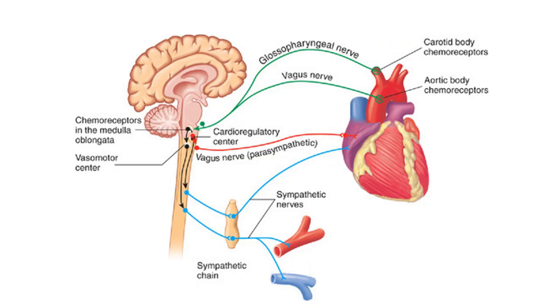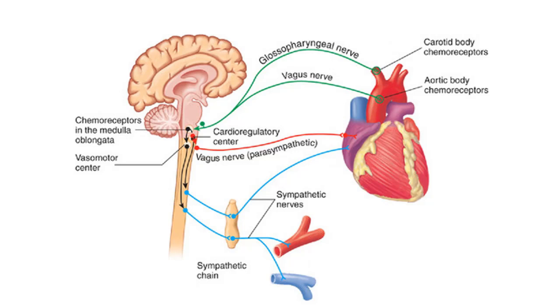The other receptors are chemoreceptors. Chemoreceptors are sensitive to reduction of oxygen and increase of CO2 and hydrogen ion. When blood flow decreases, the level of oxygen decreases too, and the level of CO2 and hydrogen ion increases.